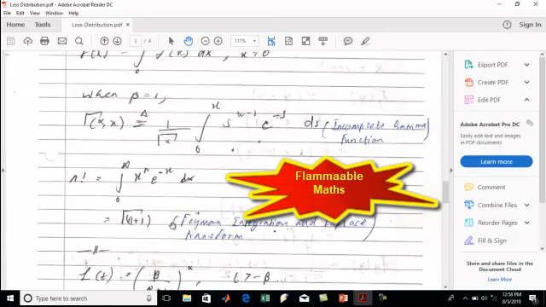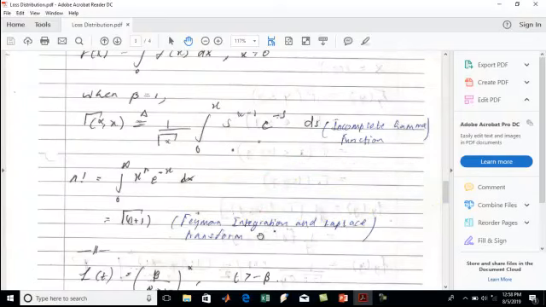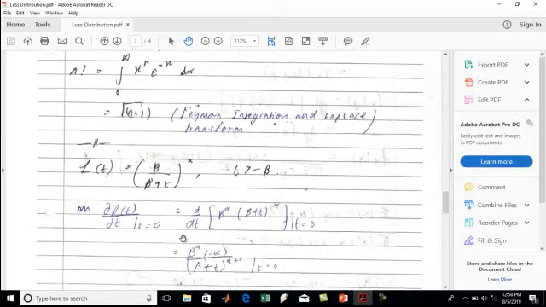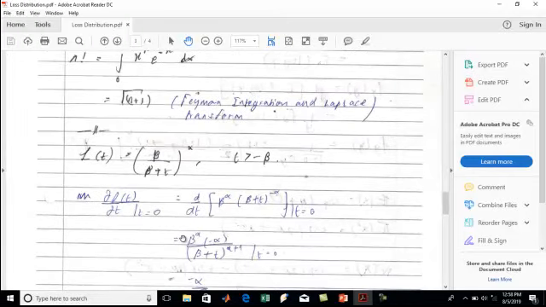There's an interesting video using the Feynman integration and Laplace transform by Flammable Maths. If you want to know the derivation, I suggest you have a look at the video. The Laplace transform of the gamma distribution can be proved to be beta over beta plus t, power alpha.